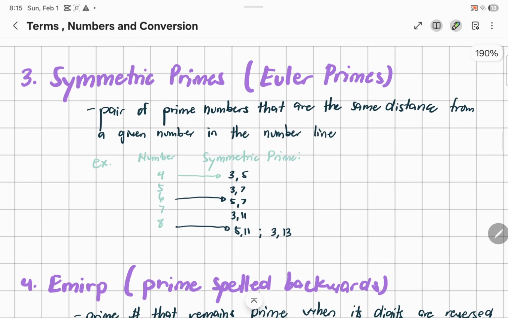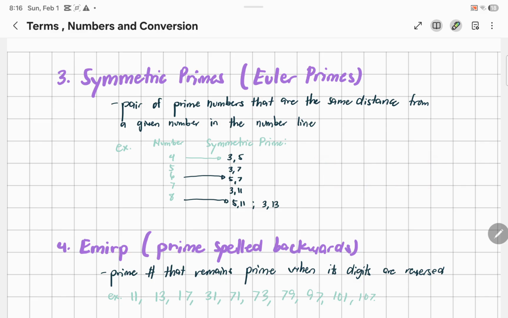Next, the 3 and 7. How did it become a symmetric prime? If we plot that in a number system, 3, 4, 5, 6, 7, we have a prime in the middle, 5, and then 1, 2 on each side.